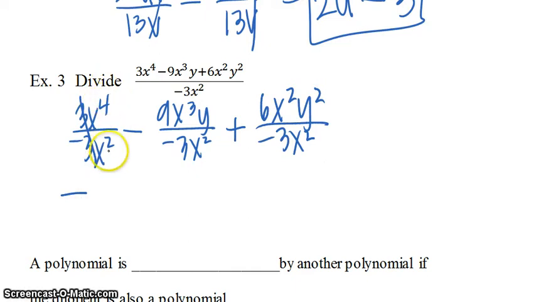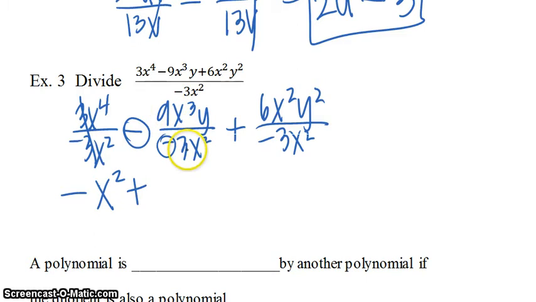Now x to the 4th divided by x squared. Which one's more? The top one is. So 1 would go at the bottom. That would be x squared at the top, 1 at the bottom, but really that just stays as x squared. Now we have to look here. We have a negative and a negative. It doesn't matter which one's on top or bottom. Negative, negative makes a positive.